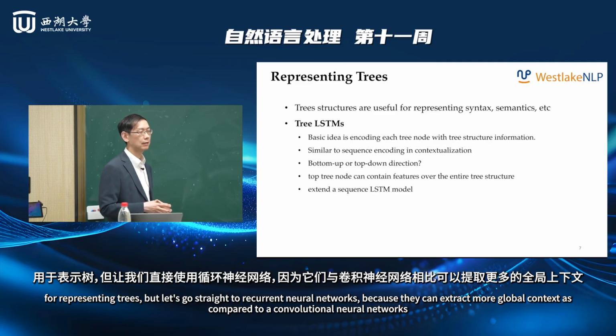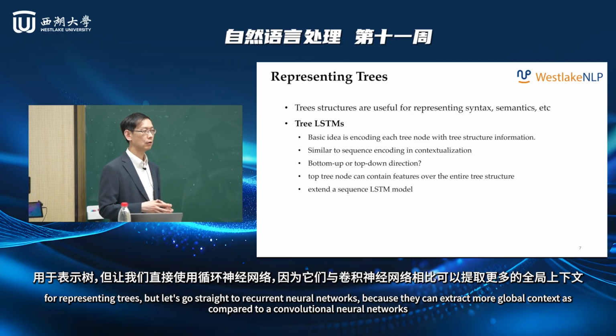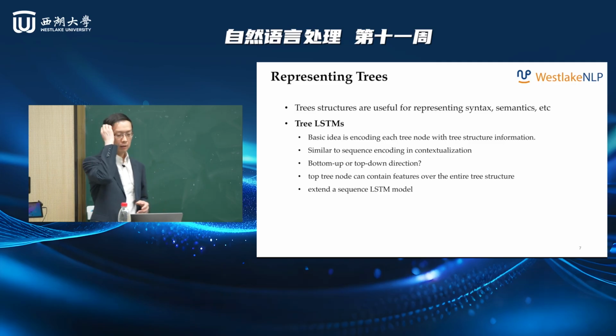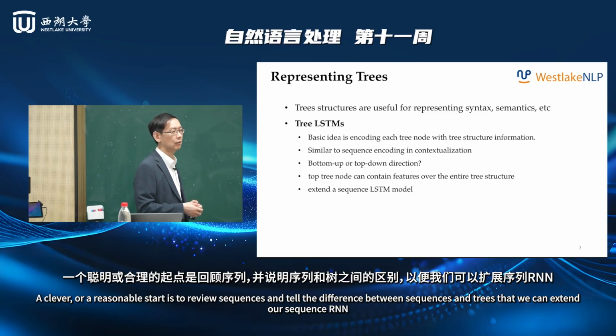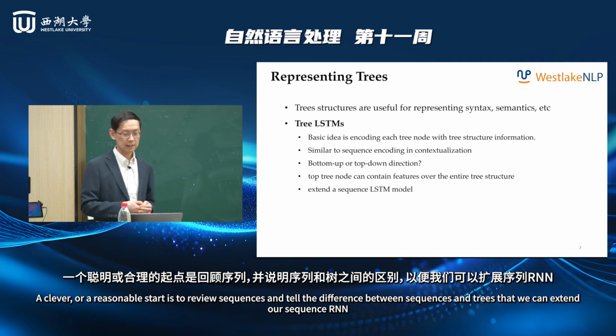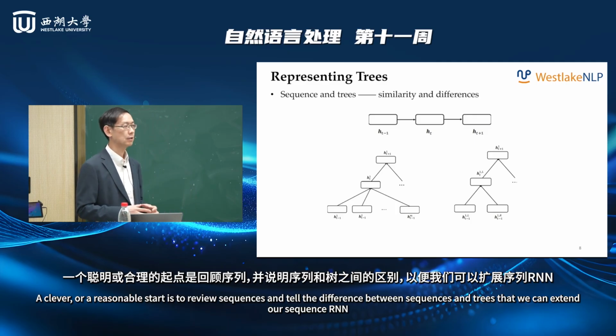But let's go straight to recurrent neural networks, because they can extract more global context as compared to convolutional neural networks. So we learned how to build an RNN for representing sequences. And to represent trees, a clever or a reasonable start is to review sequences and tell the difference between sequences and trees, right? So that we can extend our sequence RNN.